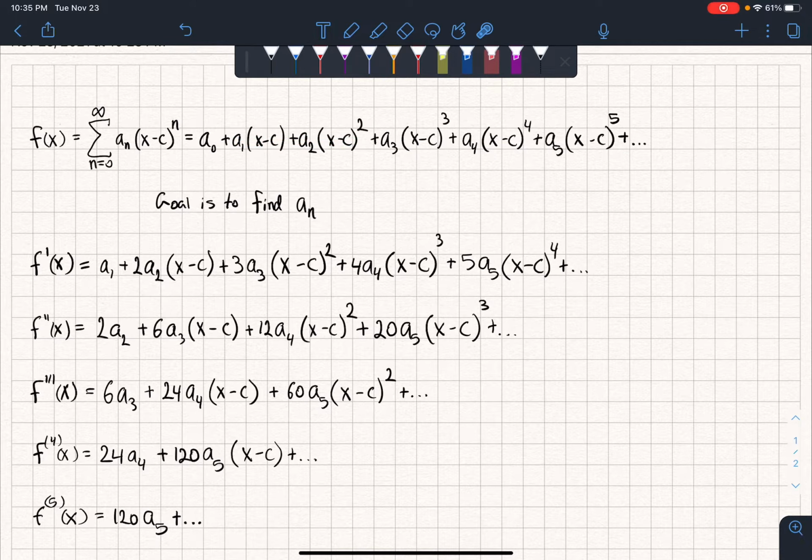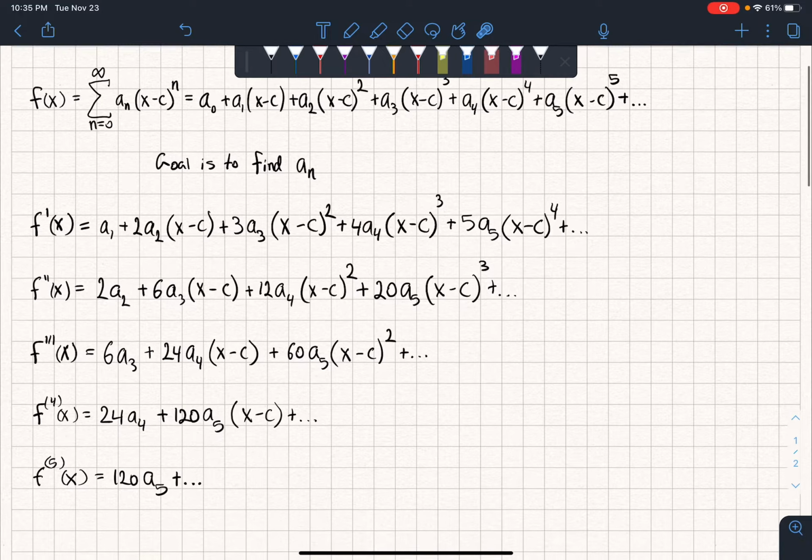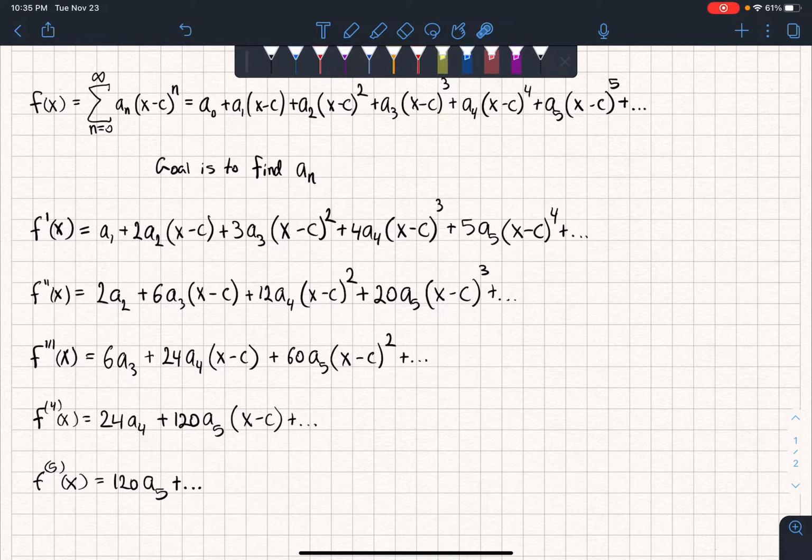Same with here. Every term starting from the second term will be 0. So basically, if we plug in x equals c, every single term goes to 0 except for the very first term, which is the constant term. This one, this one, this one.